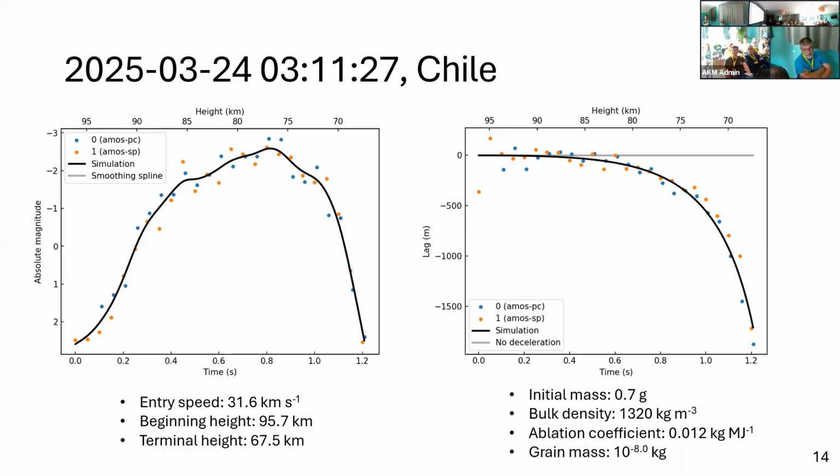So maybe internal inhomogeneity, maybe. Somehow, yes, because we calculate how many grains must have been released in order to fit the observation. So implicitly, yes.